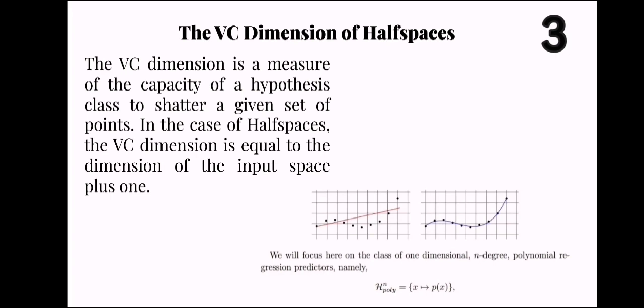As we can see in those graphs, we'll focus here on the class of one dimension, n degree polynomial regression prediction, and it's like an equation where we can predict some of the dimensions, and these graphs will help us to predict the same exact value.